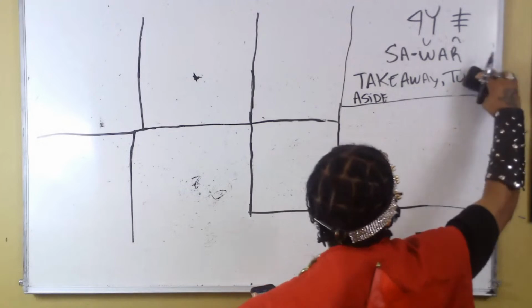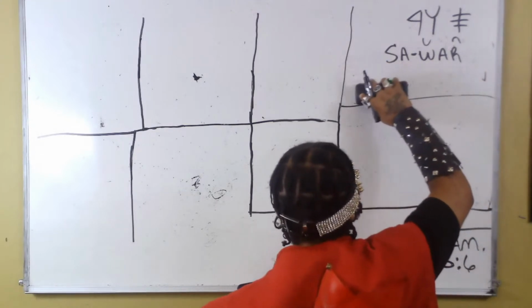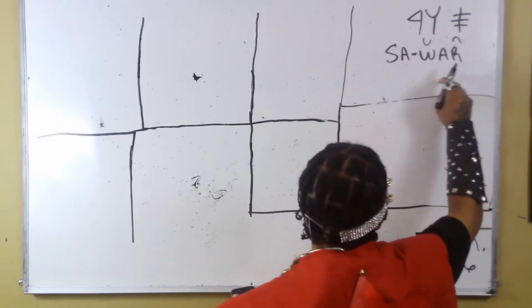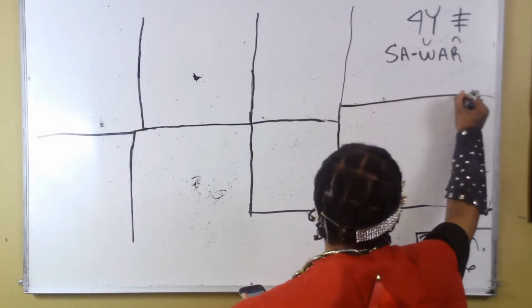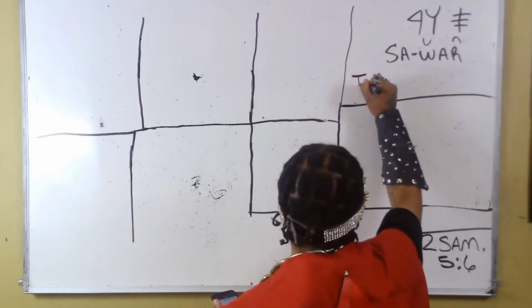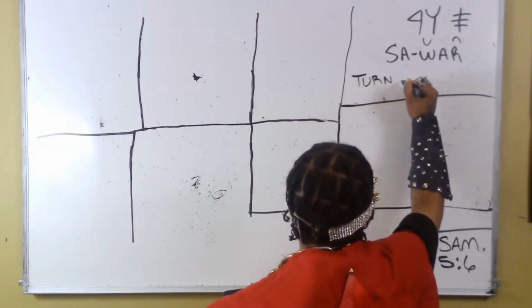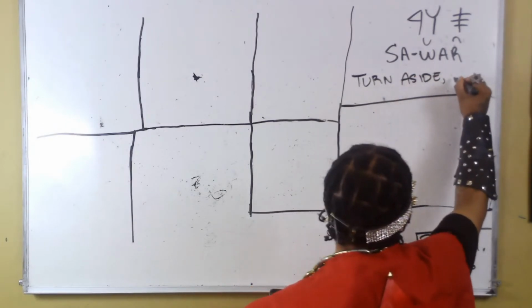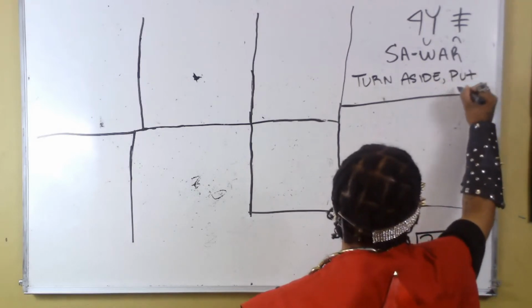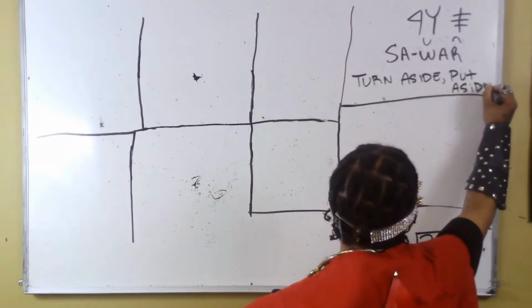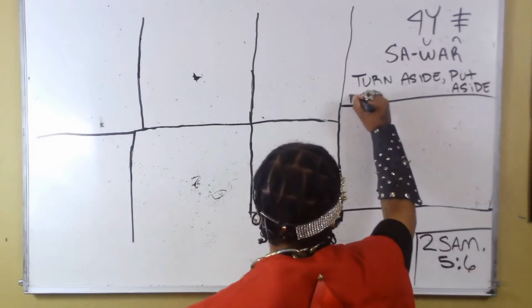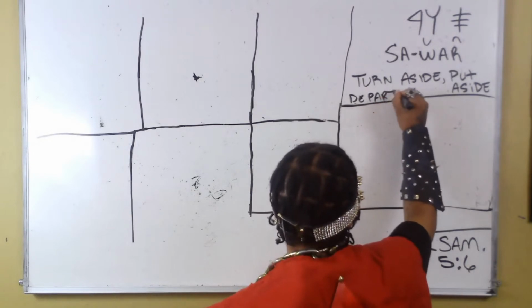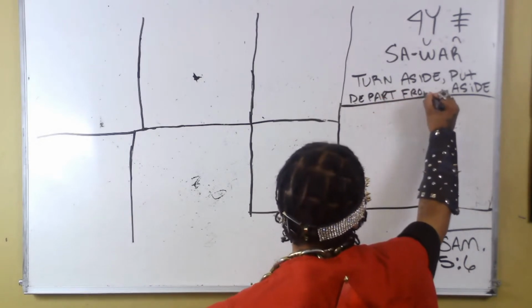Now let me rewrite it. So it was turn aside, depart from, put aside. That was Sawar. I'll give you the correct one for Ivor. So turn aside. Okay, and put aside. Okay, and also depart from. That's Sawar.